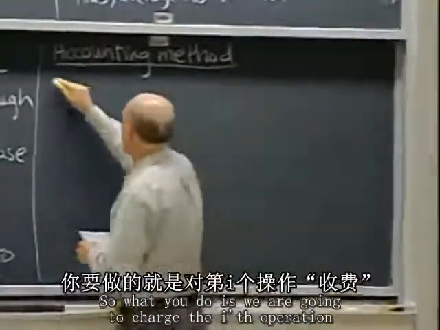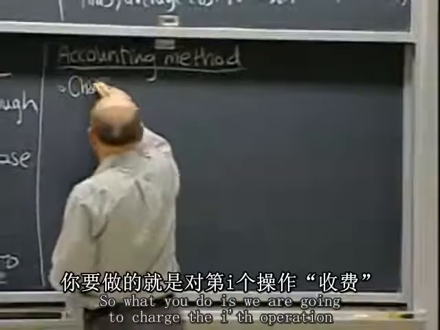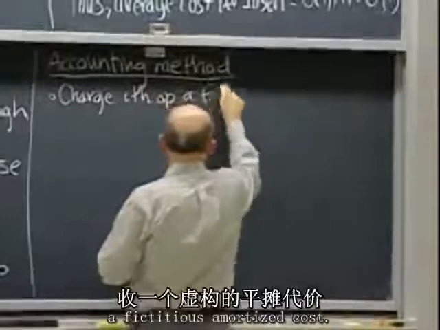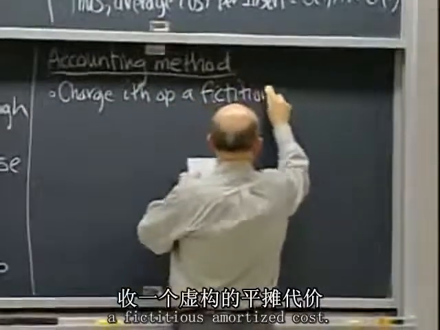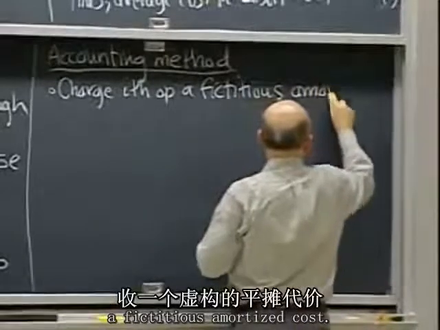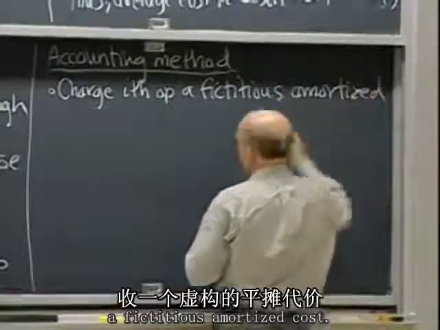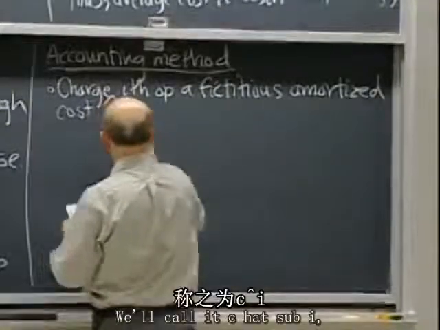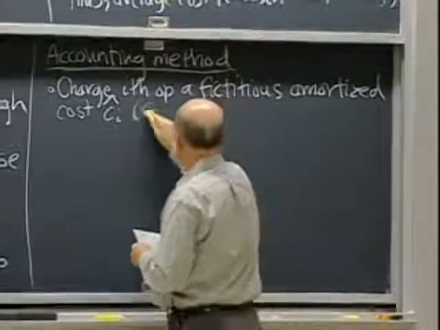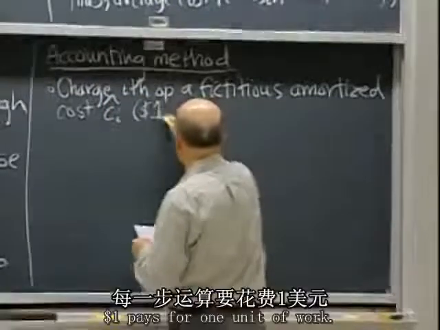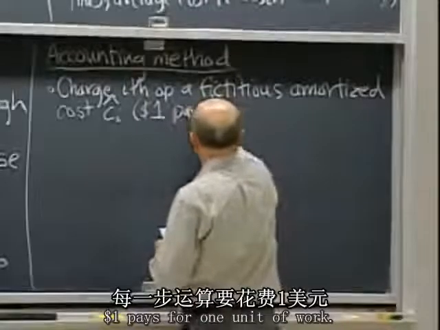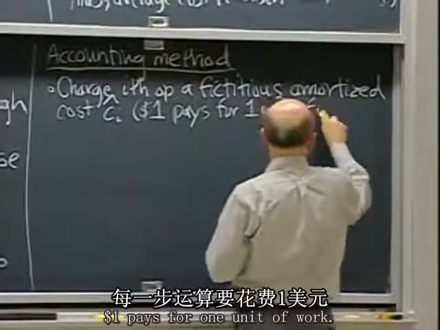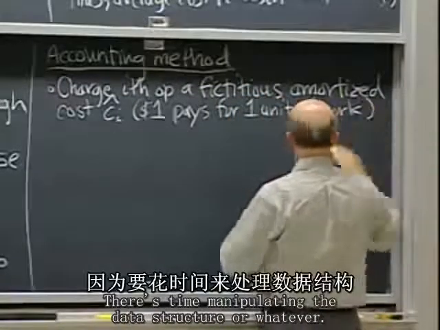So what we're going to do is charge the ith operation a fictitious amortized cost, we'll call it C hat sub i, where we're going to use the abstraction that $1 pays for 1 unit of work, in other words, of time manipulating the data structure or whatever.